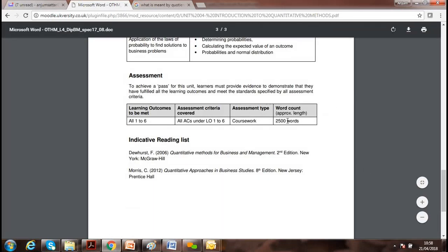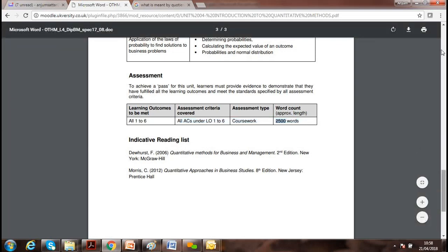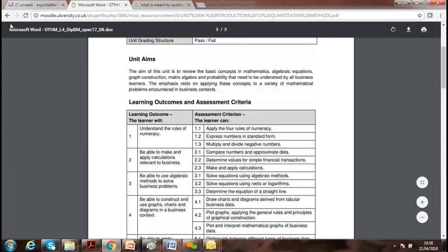To pass, the L1 to assessment criteria is a coursework. Sir, I'm talking about the assignment brief, not this. Oh yes, sorry. Just one second, I'll open my assignment. These are the learning criteria.